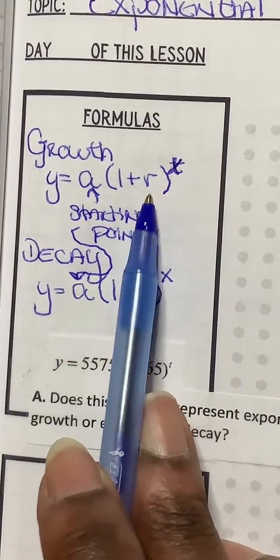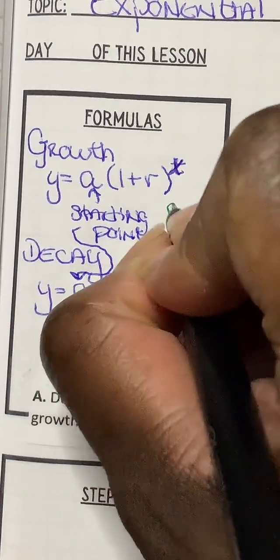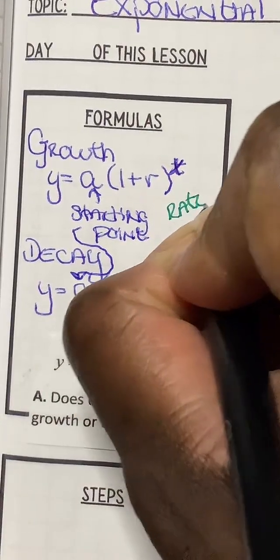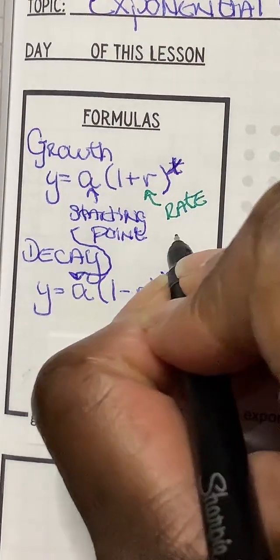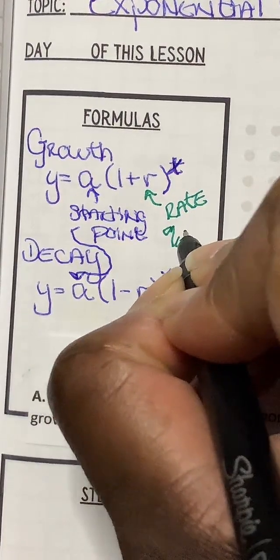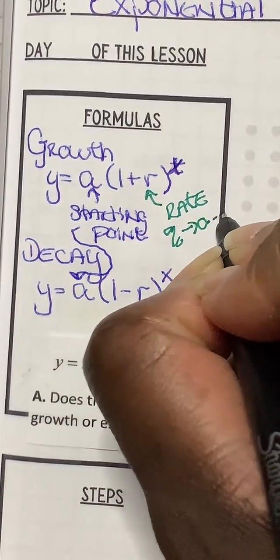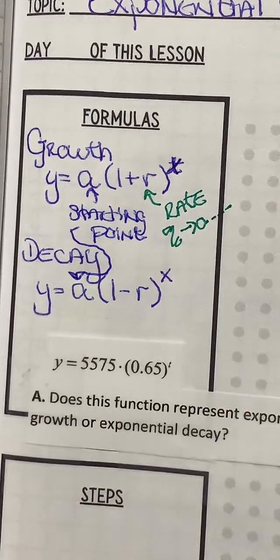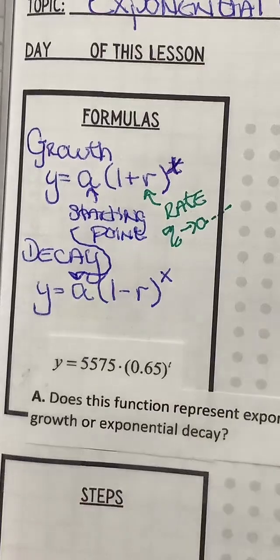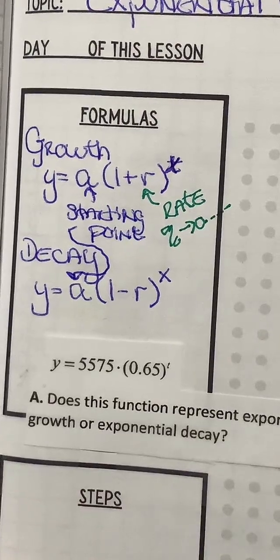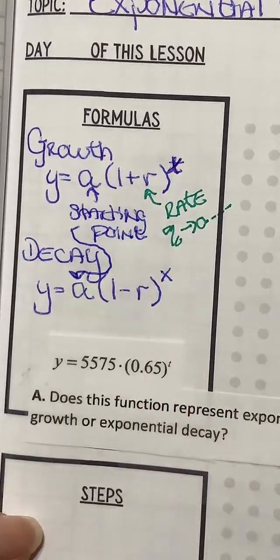Your r is your rate. So if they give it to you as a percent, you have to turn it into a decimal. So you're going from a percent to a decimal, even if there's a decimal already in there. So that's going to be your r.